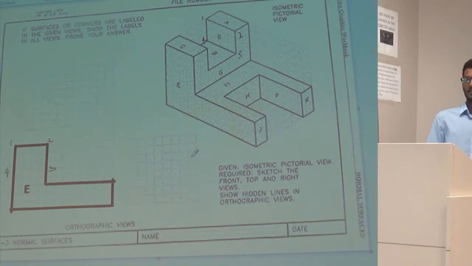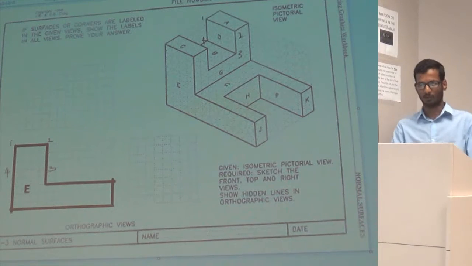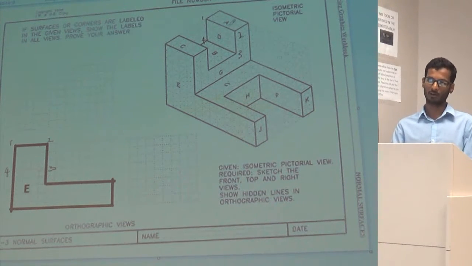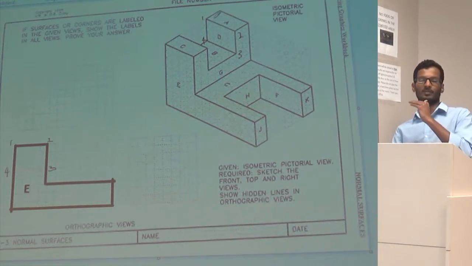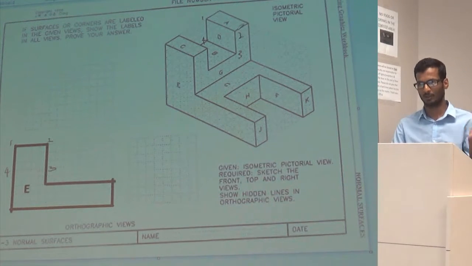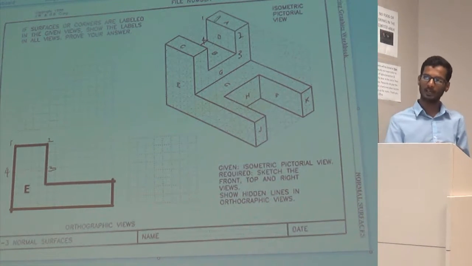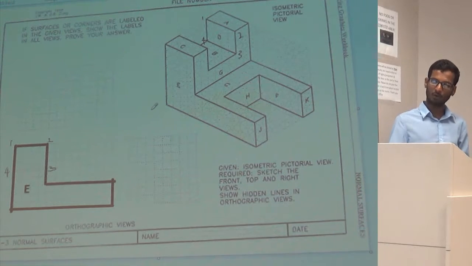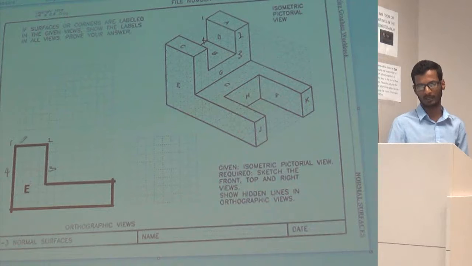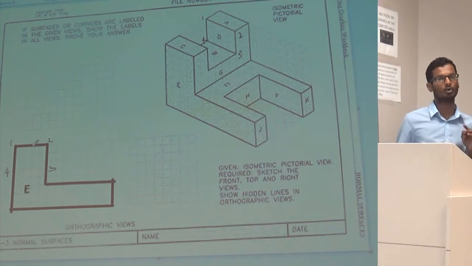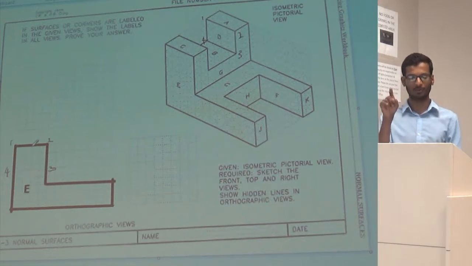The way you represent this particular surface D in your front view is: there are 4 corners and 4 edges. You can start with any edge, so let's start with this particular edge. If you are looking at that edge from the front view, it would be the same as this, so it is overlapping. That edge is already drawn right here, so you don't have to redraw it on top of it.